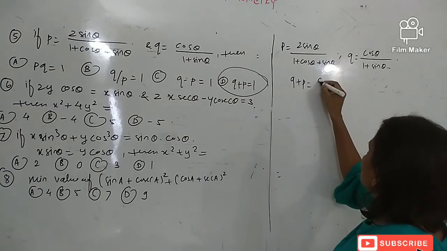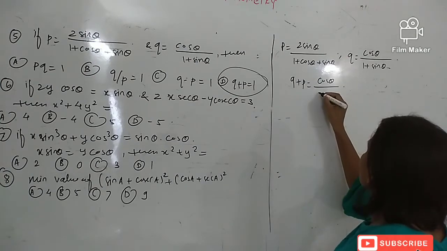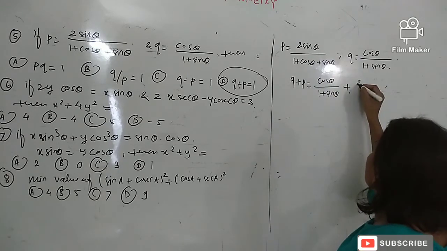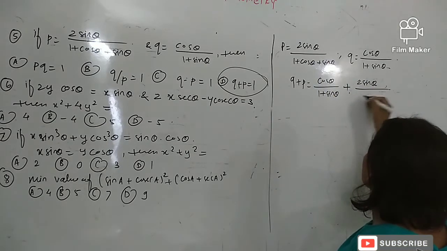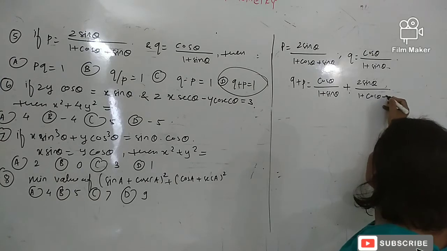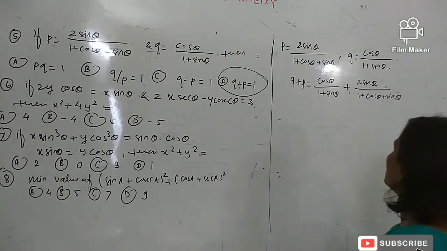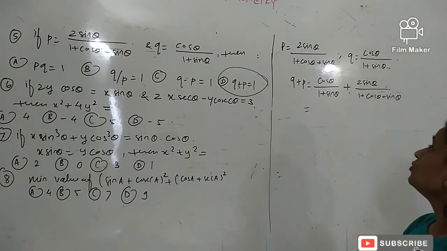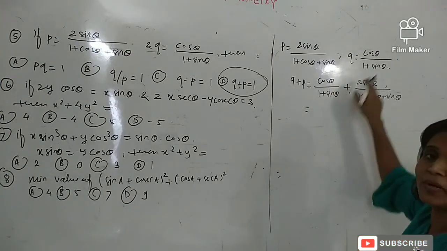So what is the value of q? Cos theta dividing by 1 plus sin theta, plus p means 2 sin theta dividing by 1 plus cos theta plus sin theta. Okay, so just simplify. What can we do? We can do only cross multiplication.